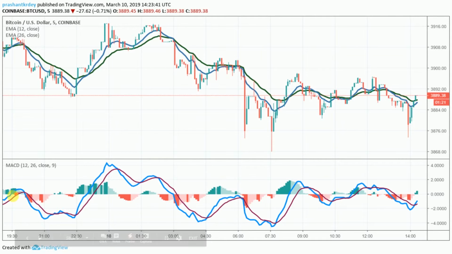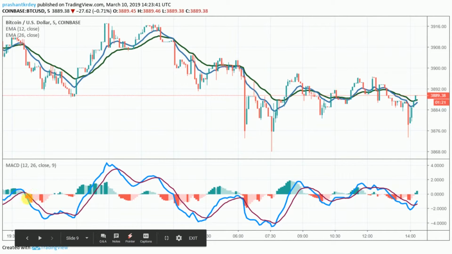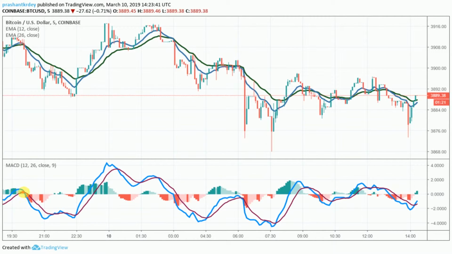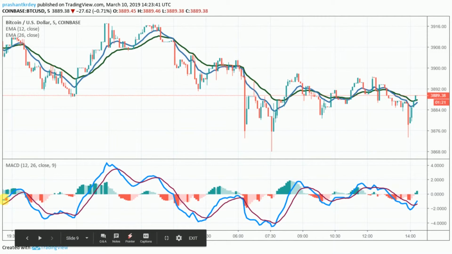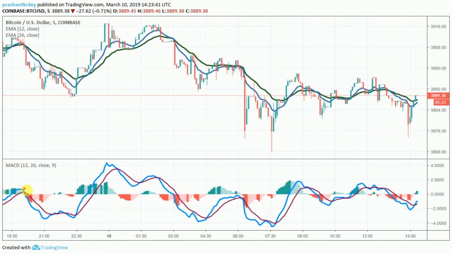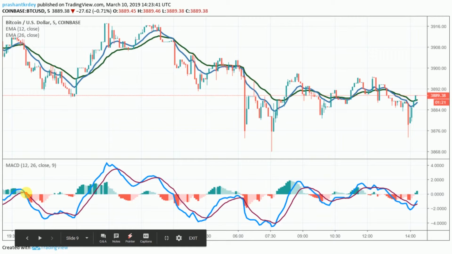So let's start with what this means. How do you identify the market momentum? As we know, the MACD defines the market momentum. So if you see, this is a signal line, right? And this is our MACD line, and it happens to do a crossover here. If the MACD line is above the signal line and it intersects, or makes a crossover here, that means we are going to see a downtrend.